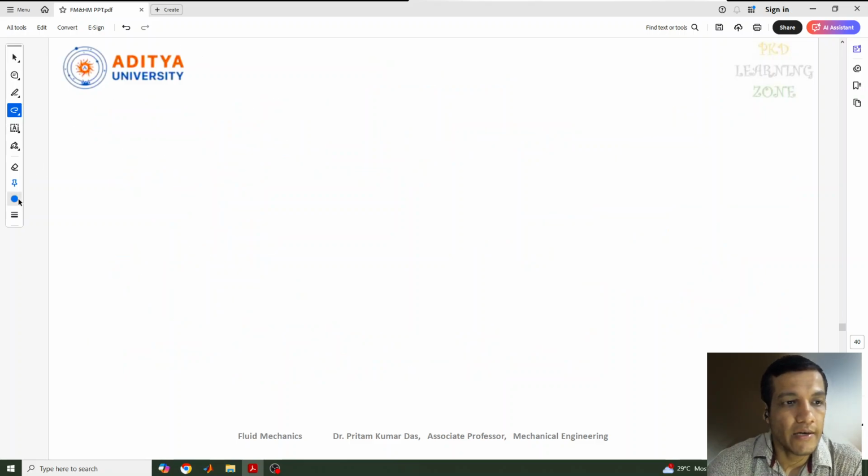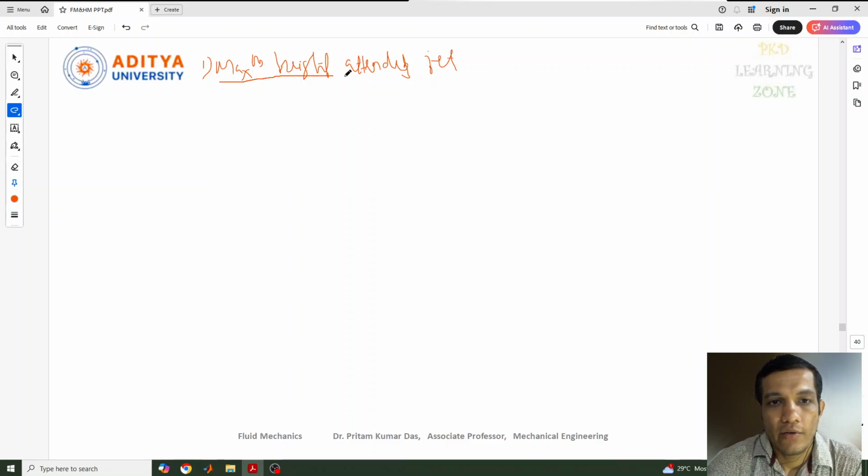So here the next point will derive what is the maximum height attained by the jet. Or we can say what is the maximum height traveled by the jet.